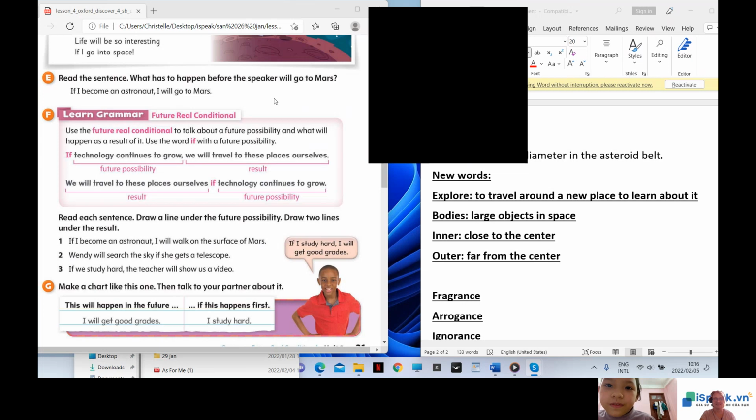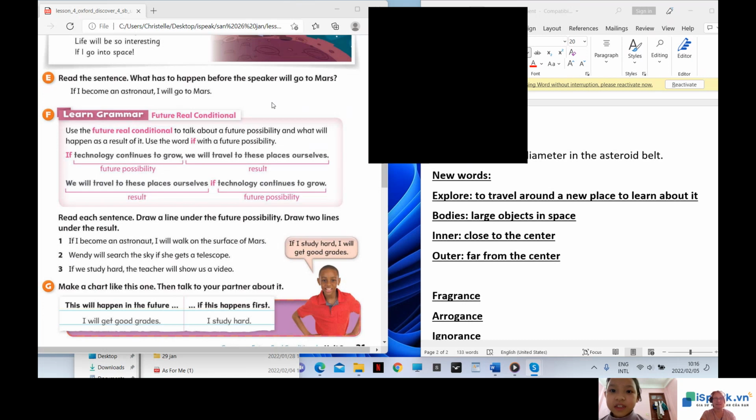Use the future real conditional to talk about a future possibility and what will happen as a result of it. Use the word if with a future possibility.